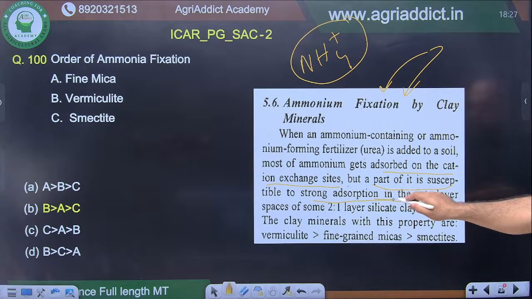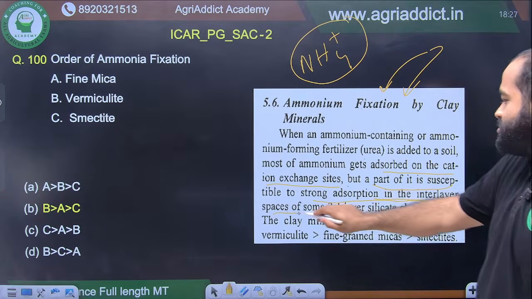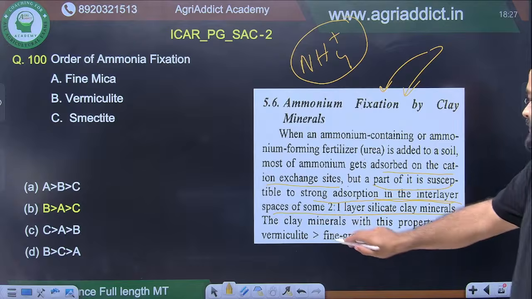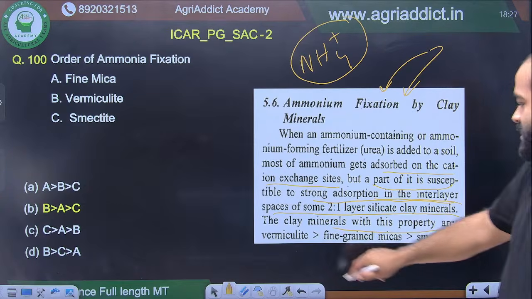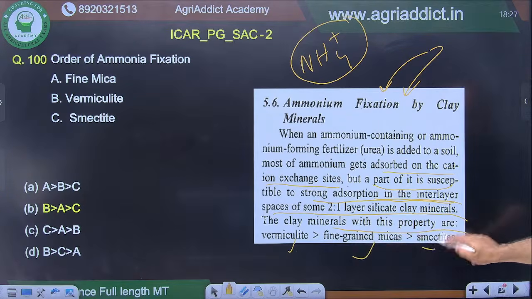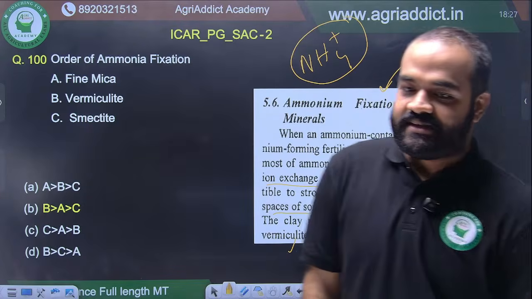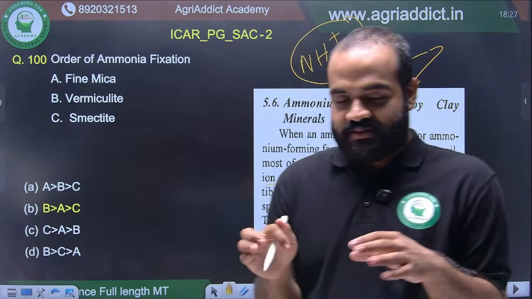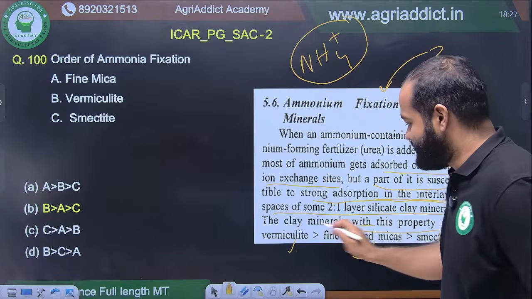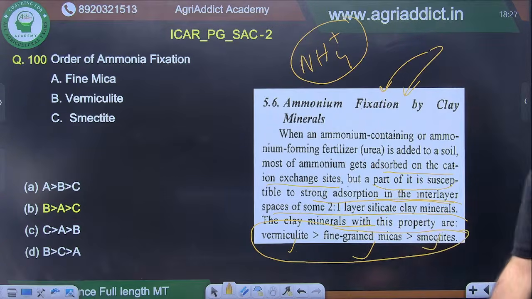So strong adsorption in the interlayer spaces of some 2:1 layer silicate clay minerals. These clay minerals with the property are vermiculite, fine grained mica and smectite. इसमें बहुत सारा चीजें इसके अंदर है, there are lots of reasons.